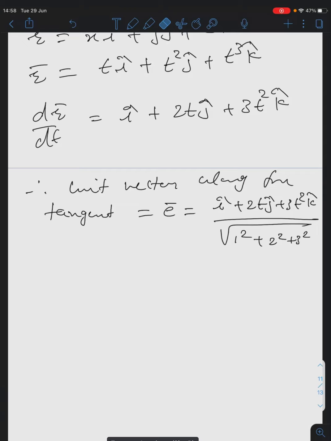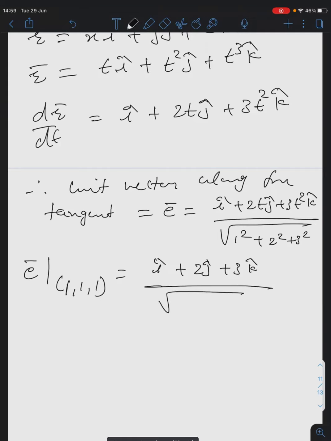Now e bar at 1, 1, 1 will be equal to i cap plus 2j cap plus 3k cap divided by root of 14, since 1 plus 4 plus 9 gives 14.